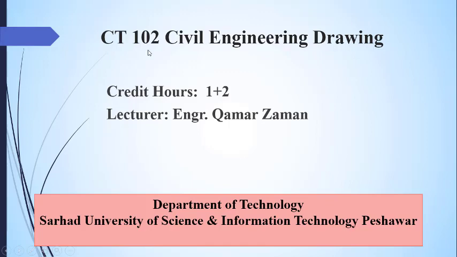CT102 is the course code for civil engineering drawing that is offered in the Department of Technology, Sarhad University of Science and Information Technology, Peshawar. This subject has one credit hour for theory and 2 credit hours for lab. And again, I'm the lecturer and I will teach you civil engineering drawing, and my name is Engineer Kamar Zaman.